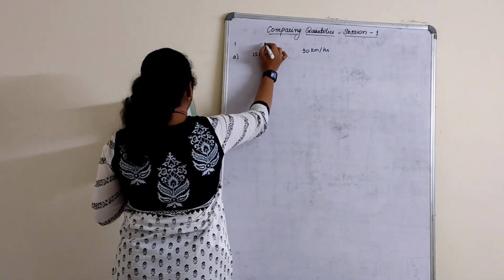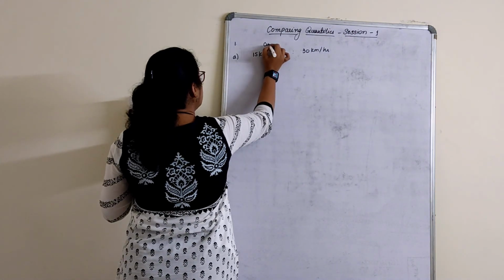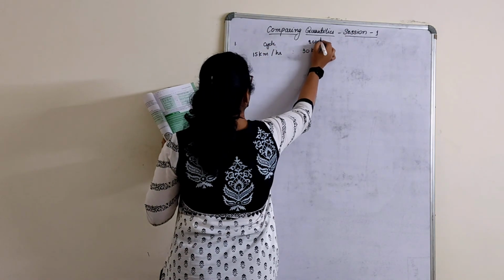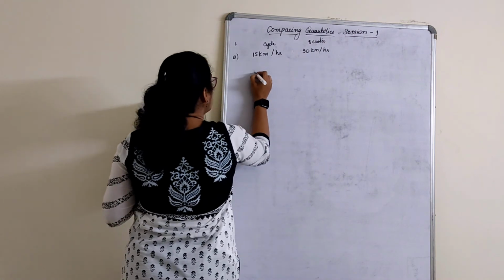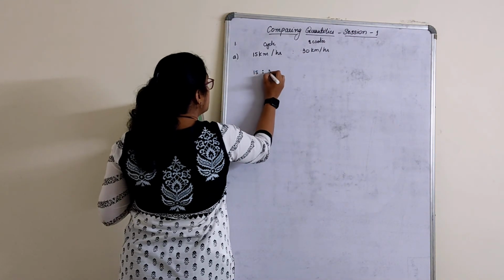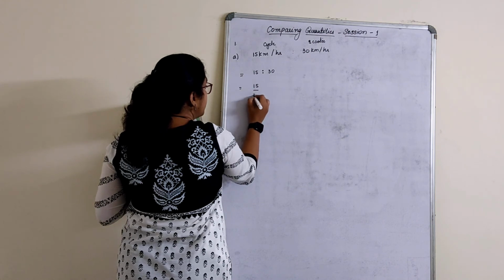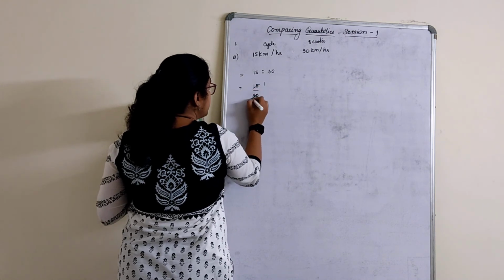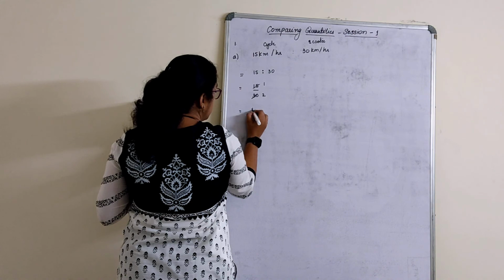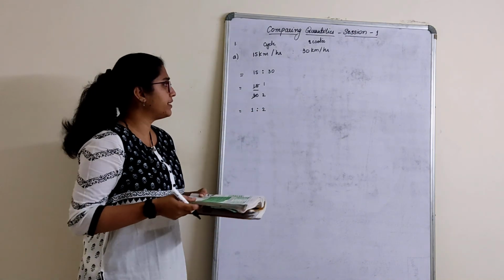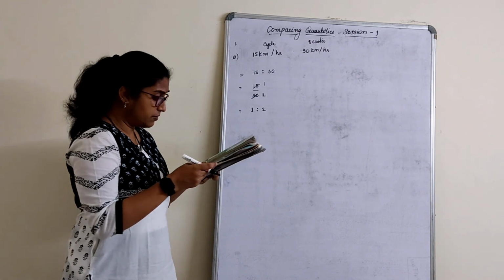This is cycle, this is scooter. So 15 is to 30. This is written as 15 by 30. 15 ones are 15, 15 twos are 30, so 1 is to 2. That is the ratio we have to write. That's all, that is the answer.